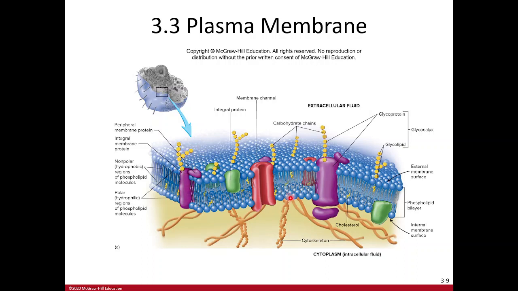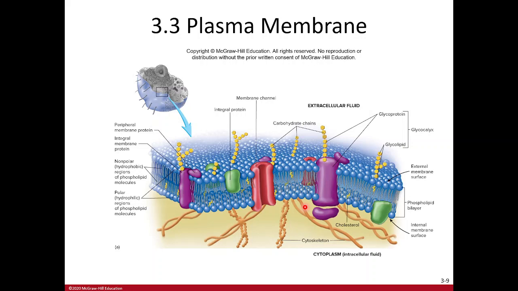And some of these proteins as well will have long carbohydrate chains connected, while some of them may be branched, like in this case. And then you can have as well integral proteins that attach to the internal membrane.